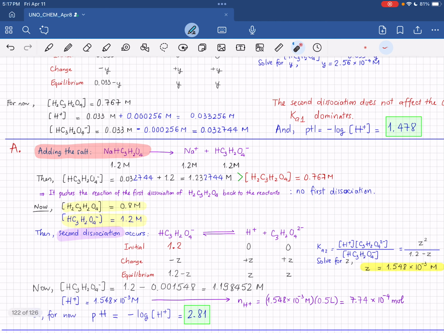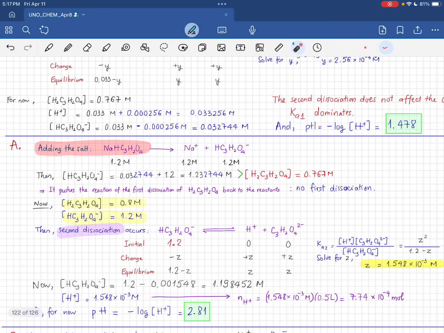And if no first dissociation would occur, then the concentration of the acid stays the same as the very beginning, 0.8 molar. Then the concentration of the hydrogen malonate ion would just be the concentration of the salt added.